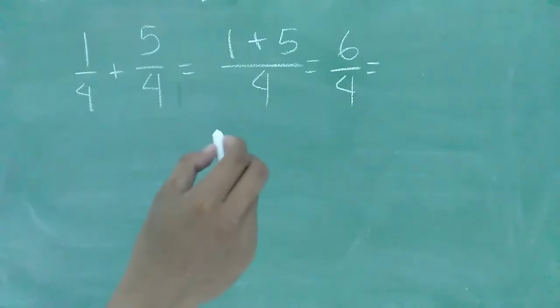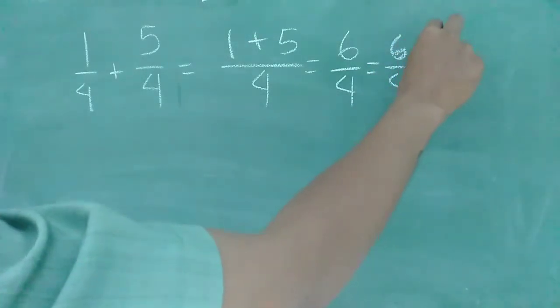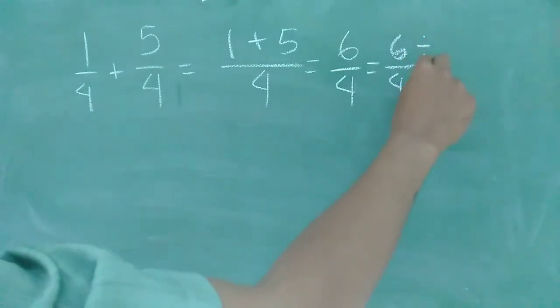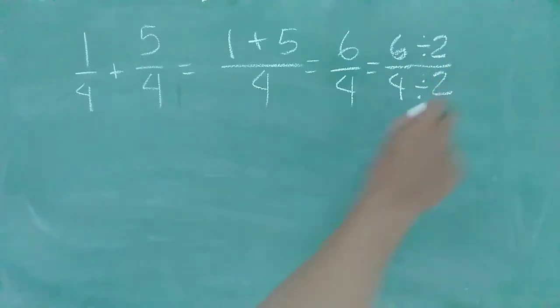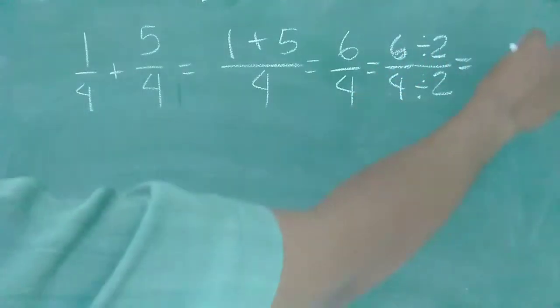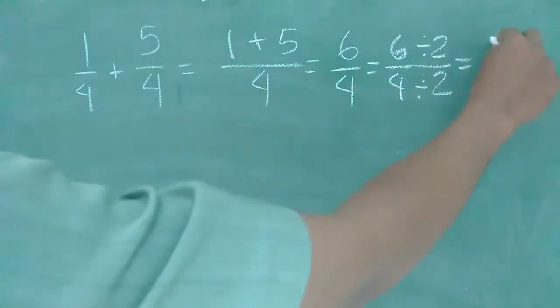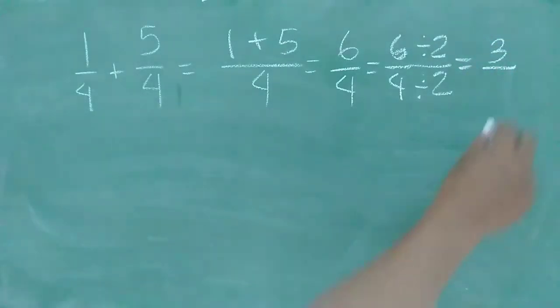In reducing fractions, let's write 6 over 4 divided by 2, because 2 is the greatest common factor. So 6 divided by 2 is 3, and 4 divided by 2 is 2.